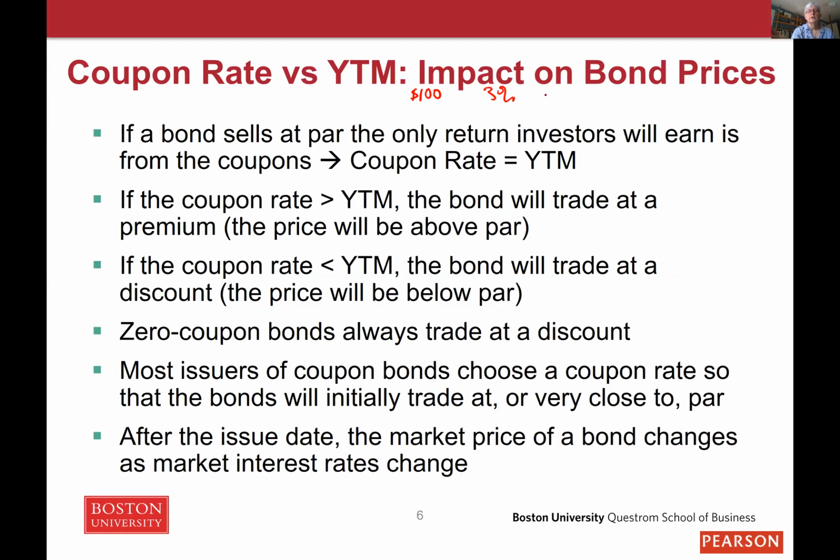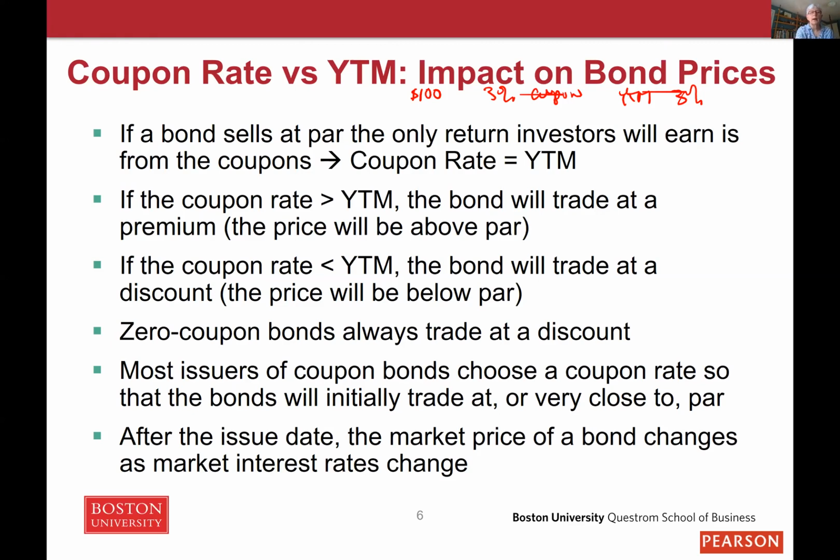If the yield to maturity is 3%, then you can pay $100 for this bond because the 3% coupon is going to give you exactly a 3% return. If your coupon isn't big enough to give you the required yield to maturity, you need to get part of your yield from an increase in the amount of cash that you receive. The face value has to be higher than the price.